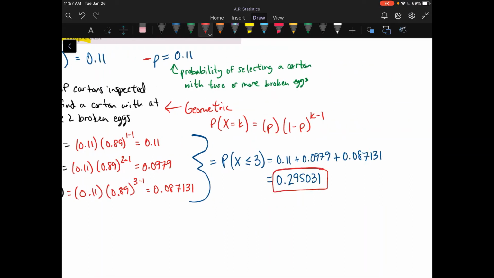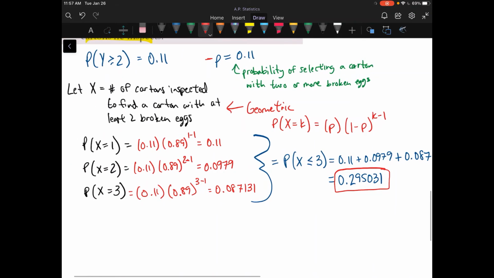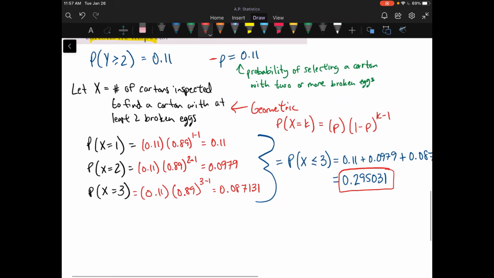Alright. So that essentially means that the probability of selecting a carton with at least 2 broken eggs in the first 3 inspected cartons is about 29.5%. Alright.